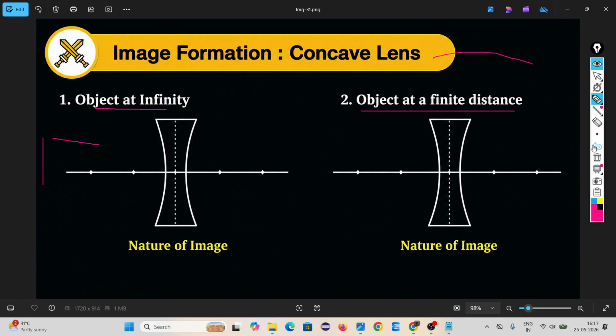Take two parallel lines. Always remember, if infinite distance, then we take parallel lines. And you know, if the line comes parallel to the principal axis, they will diverge. And they appear to meet at F1.